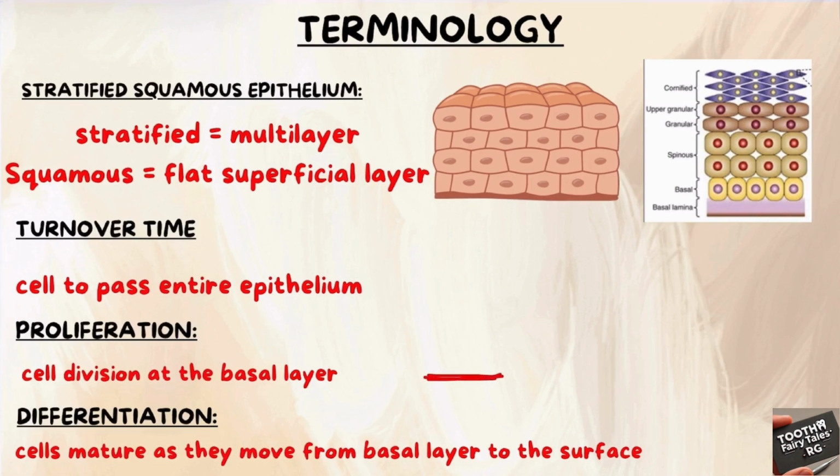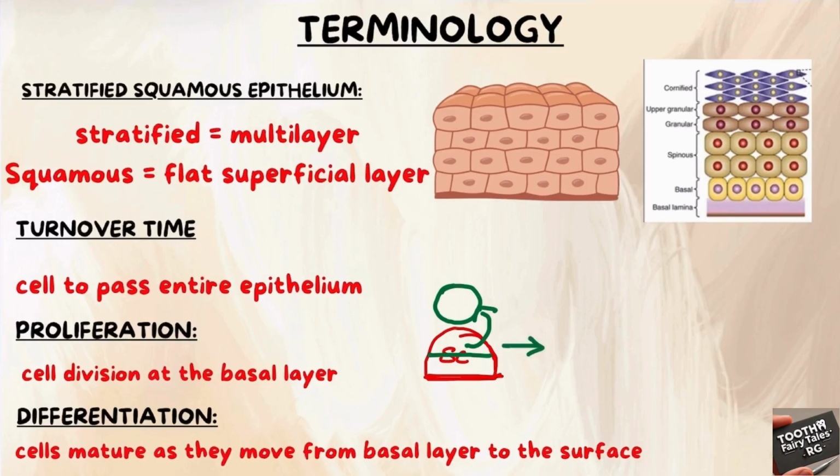This is a basal lamina over which the basal cell, which is a stem cell, is present. So the stem cell is undergoing division and it is producing the new cell. The new cell which is formed is pushed upwards.